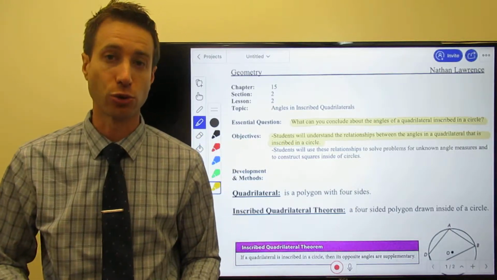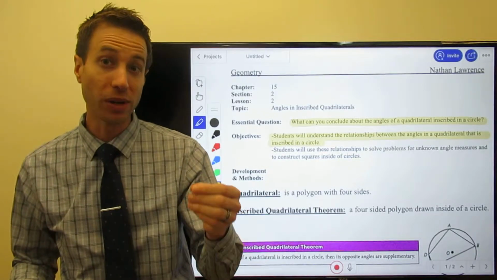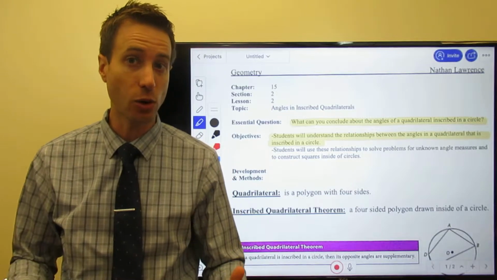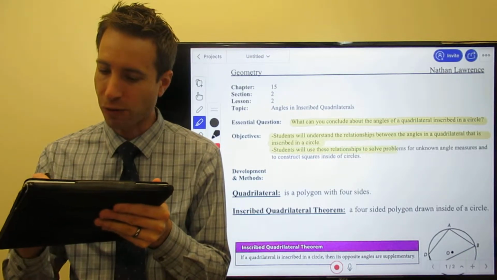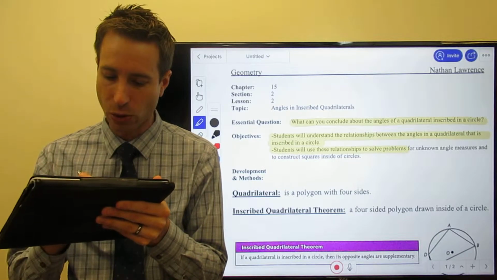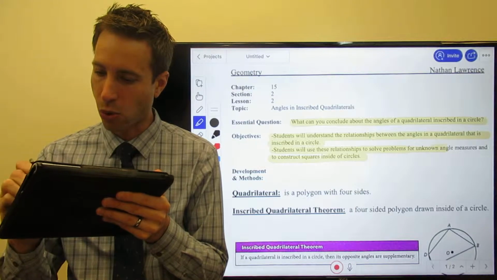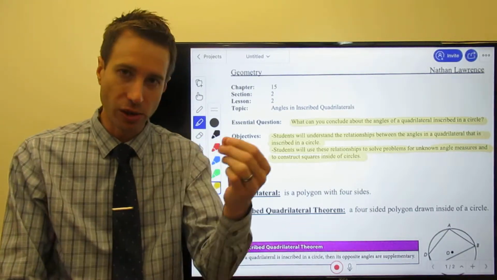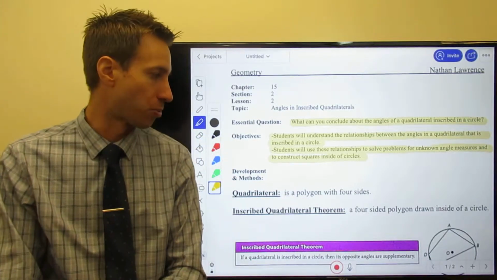We'll talk about those, and then, once you know a little bit of geometry, you're going to use it to do some algebra. We'll have you solve for unknown angle measures for these inscribed quadrilaterals, just as has been the case throughout this entire course. We learn a little bit of geometry, then we use that geometry to set up an algebra problem.